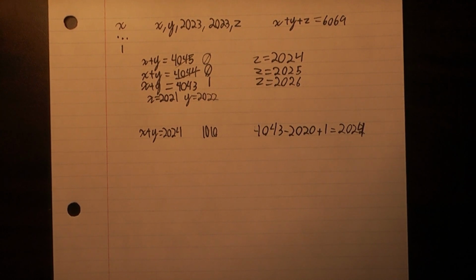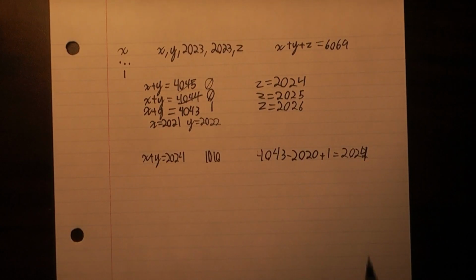We can do this all the way to halfway to 2024, which is 1012. So 1 plus 2023 isn't possible, so it would start at 2 plus 2022, and then 3 plus 2021, and so on until the middle, which is 1012 plus 1012, which also isn't possible.